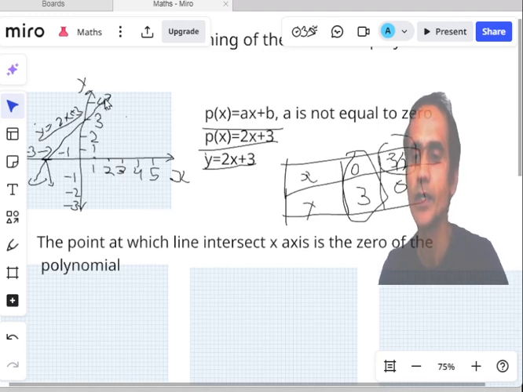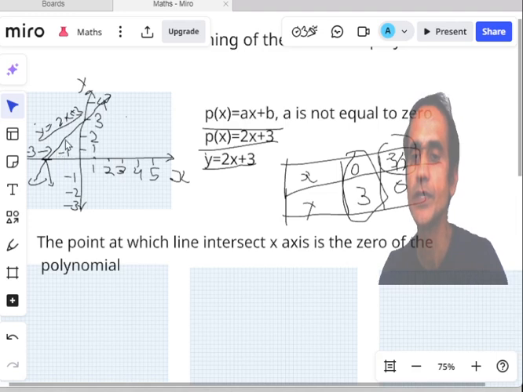So the line can only meet the x-axis at one point. It is not possible that this line meets the x-axis at more than one point. So a linear equation will have only one 0.